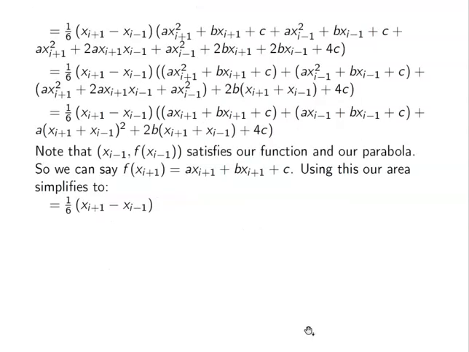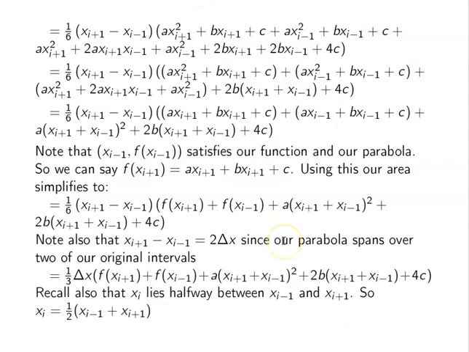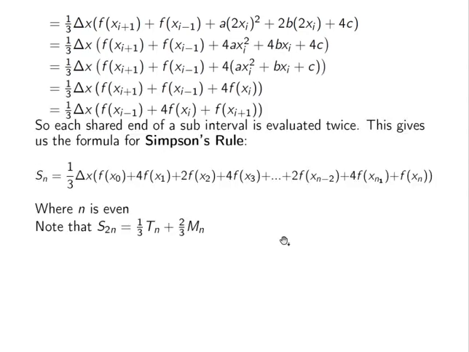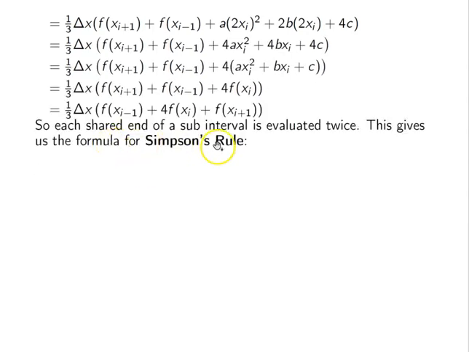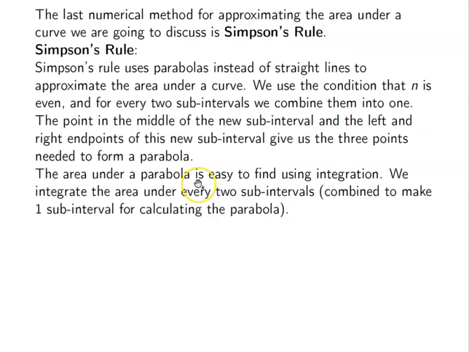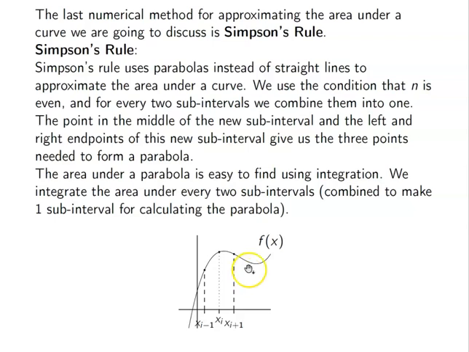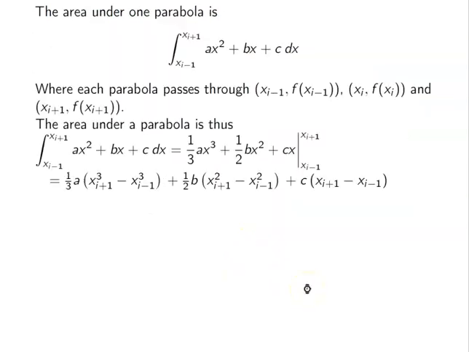So each shared end of a subinterval is evaluated twice. So the ends, this one and this one. And then when I do the next one, I'm going to have this one again plus two more. That's why this one gets used twice. It gets used once here, and then when I go to the next two, this is the leftmost endpoint for the next two. Apologies on that.